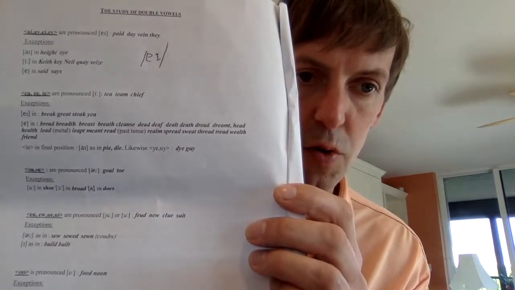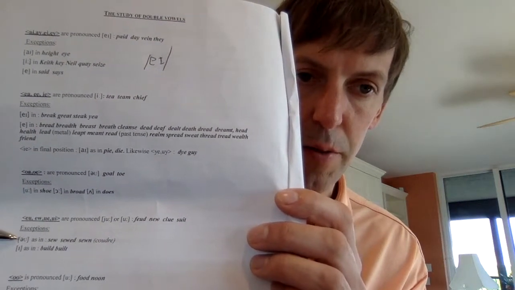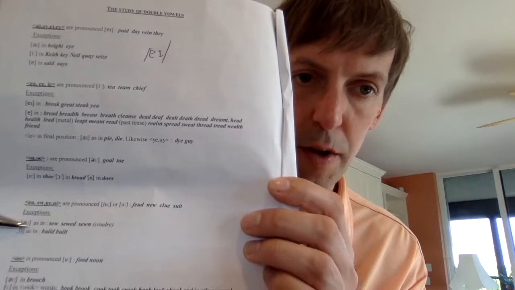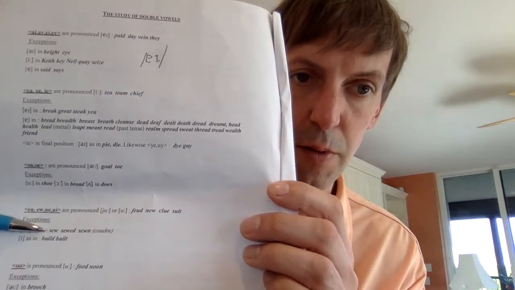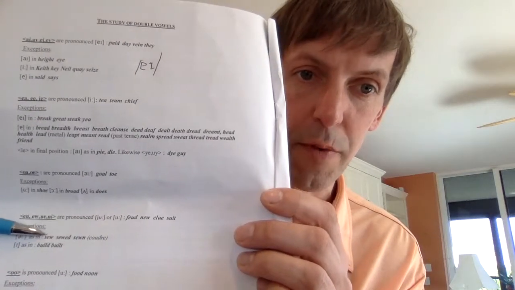And then there are a few really difficult exceptions that you need to be aware of. EW can also be pronounced as the long value for O. As you can see here, when we say, for example, sew, you might think it would be sue, but sew would be coudre, right?